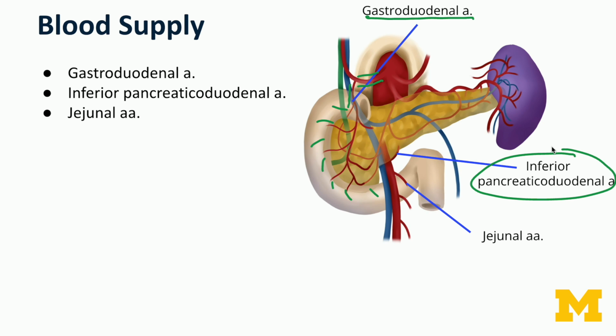That artery is a branch of the superior mesenteric artery, which supplies both the duodenum and the pancreas, and oftentimes branches off of the SMA, the jejunal arteries that more or less supply the jejunum, can also supply blood to the distal duodenum. But the major blood supplies are the gastroduodenal and the inferior pancreaticoduodenal.